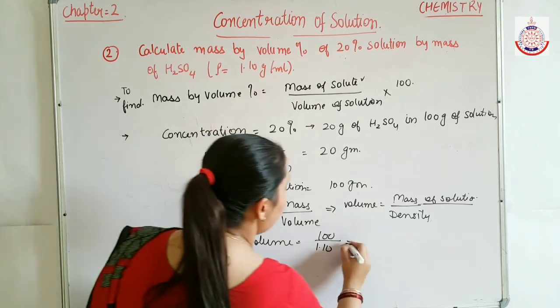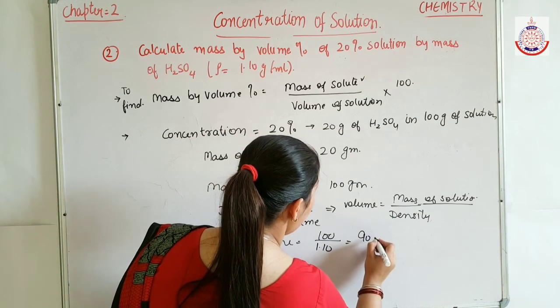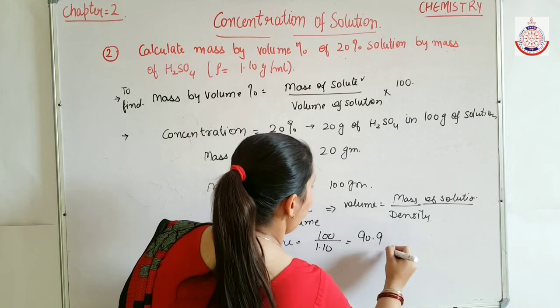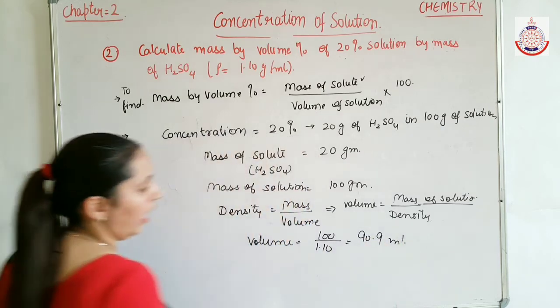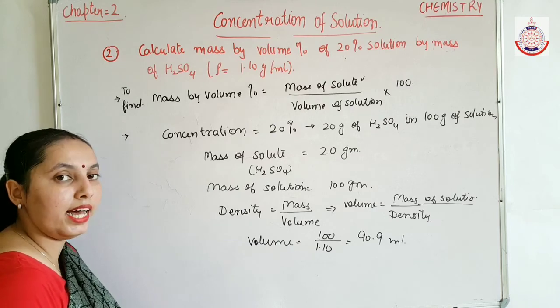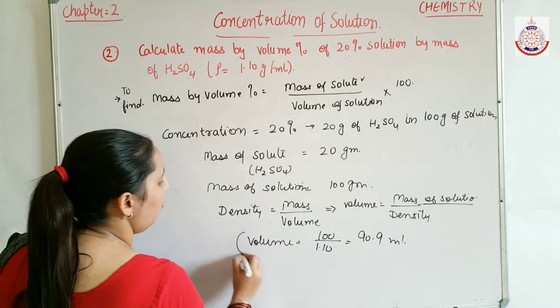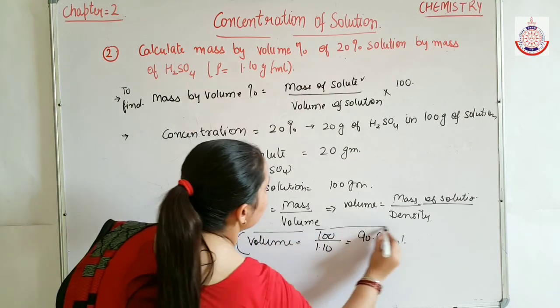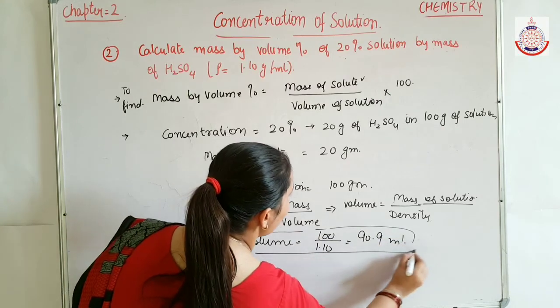When you solve it, it will be 90.9 ml. So the volume of solution is 90.9 ml. Yes, you have got the volume of solution.